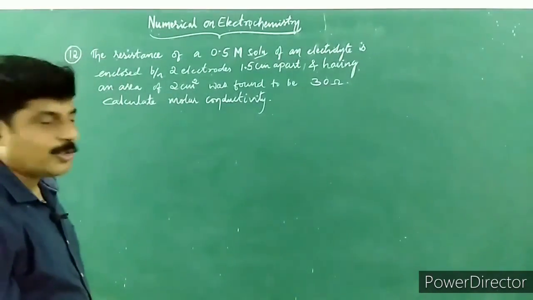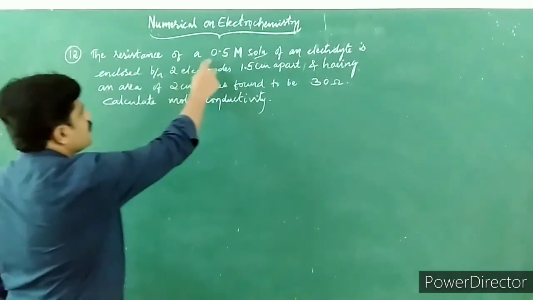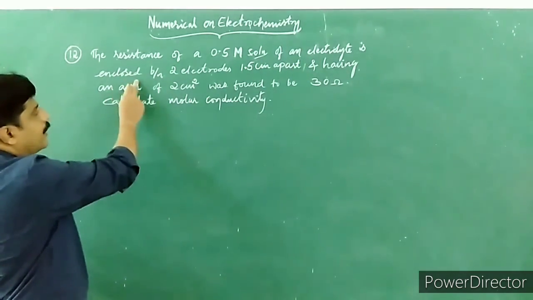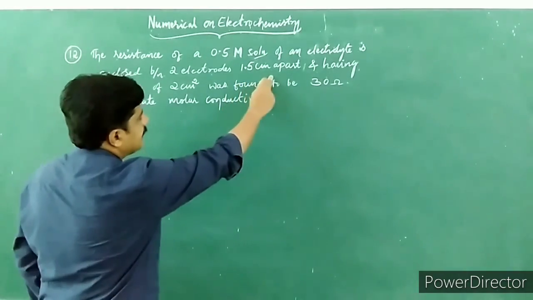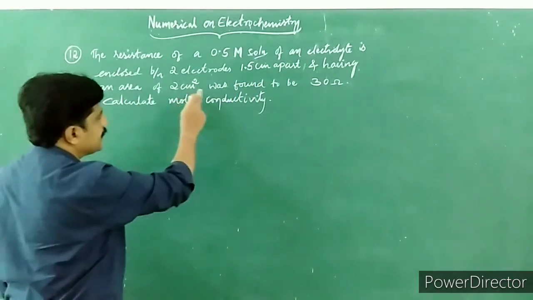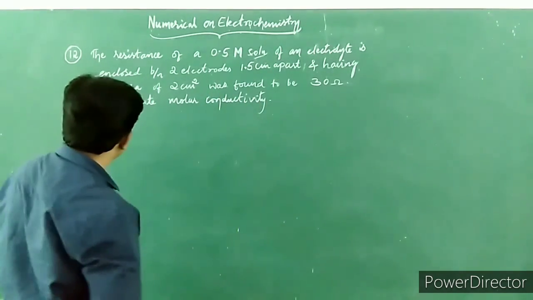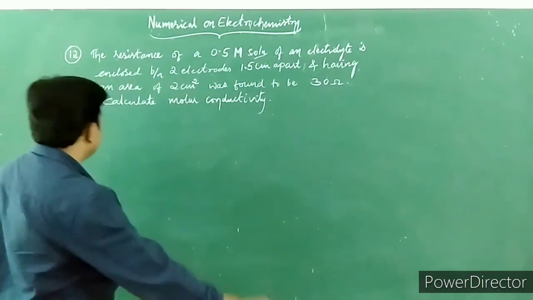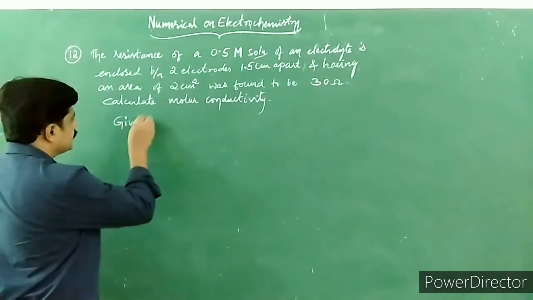Children, let me take up one more numerical of a different type. The resistance of a 0.5 molar solution of an electrolyte enclosed between two electrodes 1.5 centimeter apart and having an area of 2 centimeter square was found to be 30 ohms. Calculate molar conductivity. Children, let me list down the data given in the numerical.